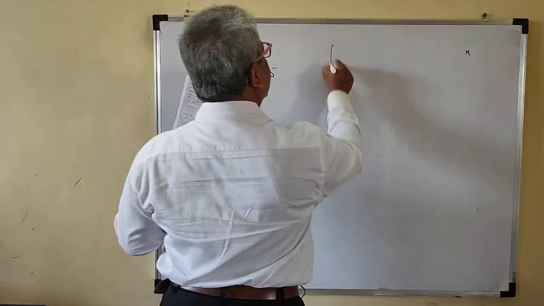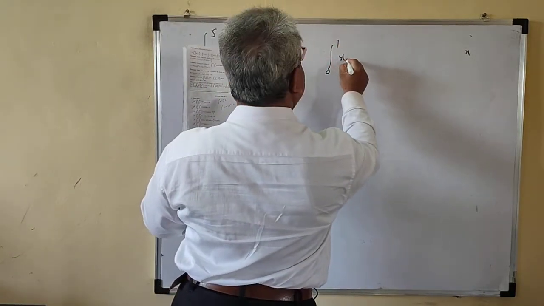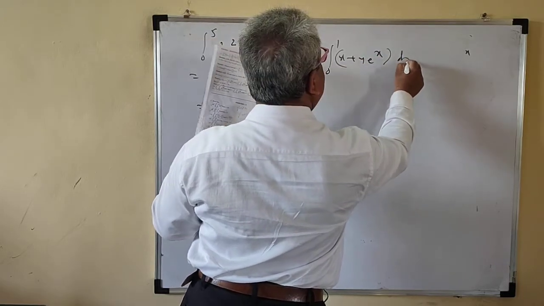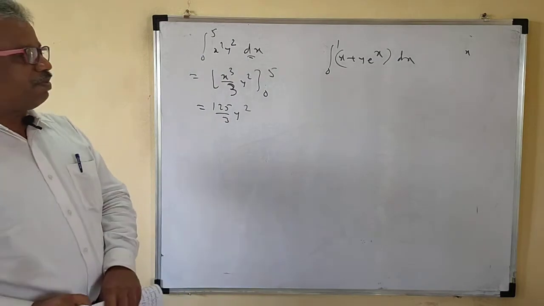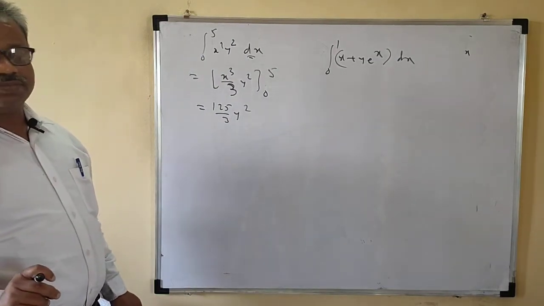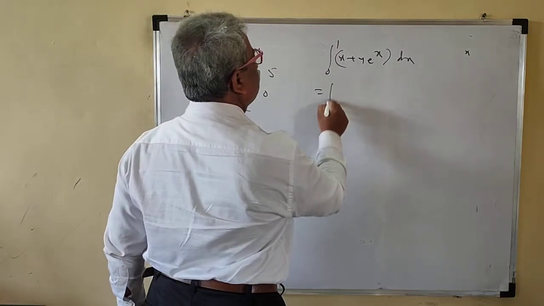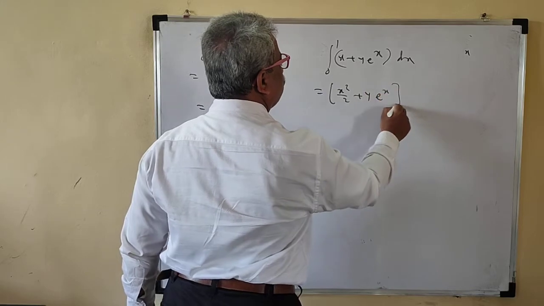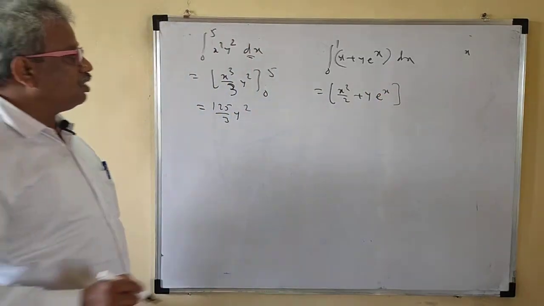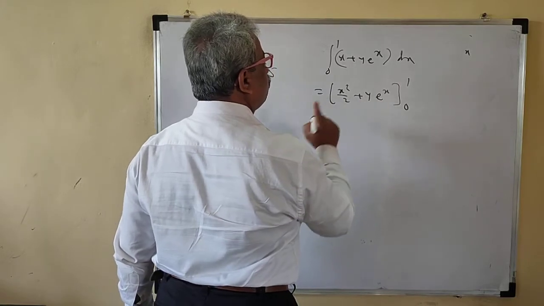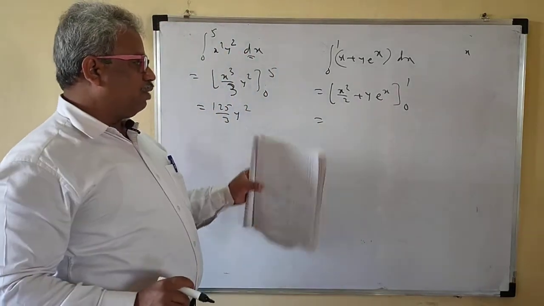Okay. Now suppose we have this 0 to 1 x plus y e raised to x dx now here. If you have such type of function, here you have to assume that your y is constant. So you integrate this, x square by 2, keep y as it is now. E raised to x, integration of e raised to x is e raised to x. So this is 0 to 1. These are the limits of x. So we put x is equal to 1 first.